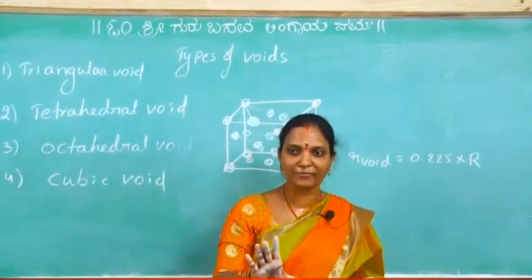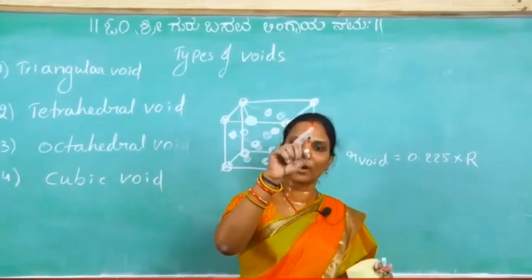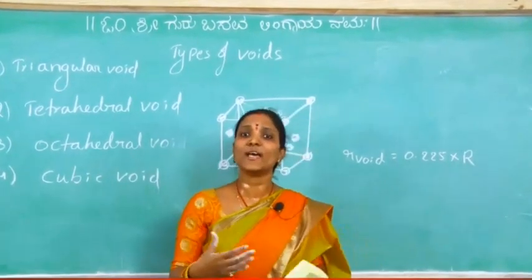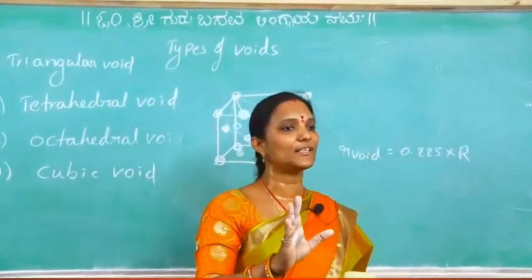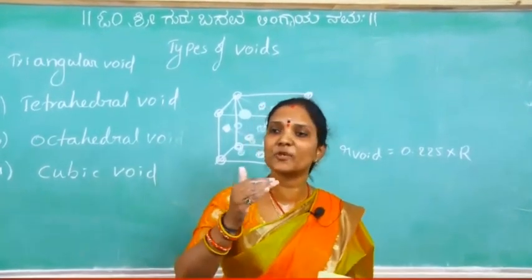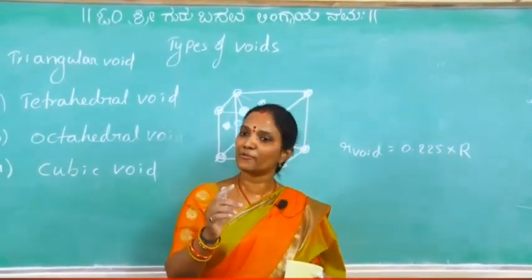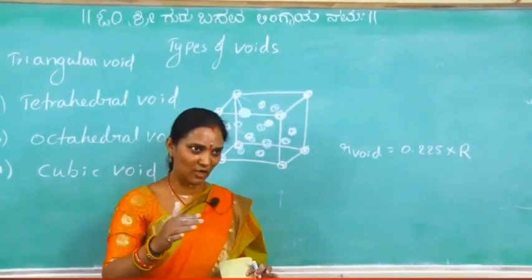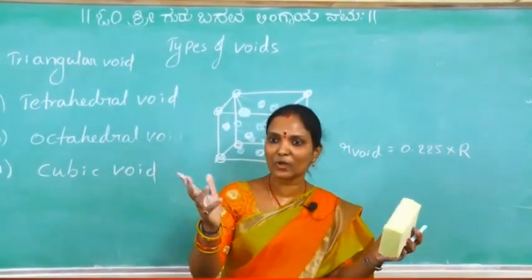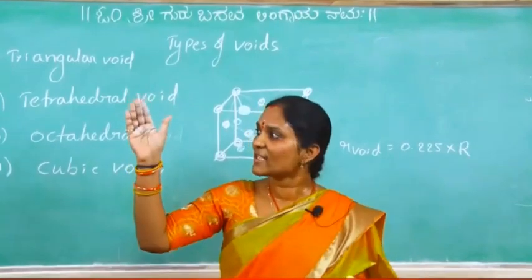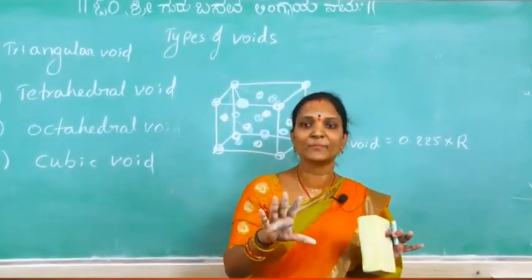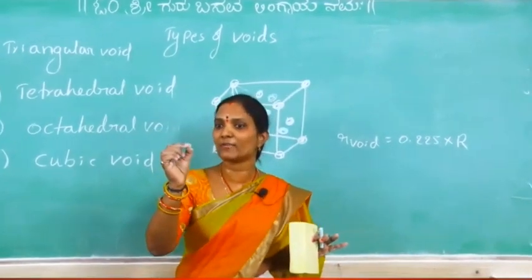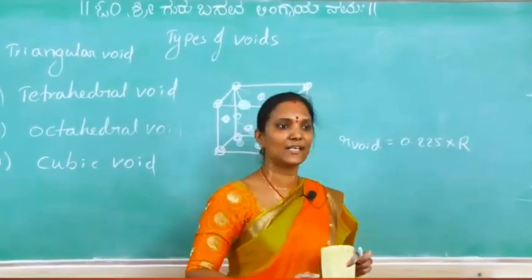Nothing but 3 face centers and 1 corner. If you join, we get a tetrahedral shape. The middle empty space is a tetrahedral void. So what is the position of this tetrahedral void? 1/4 distance from the corner. There are 8 corners, and from each corner at 1/4 distance we get a tetrahedral void.